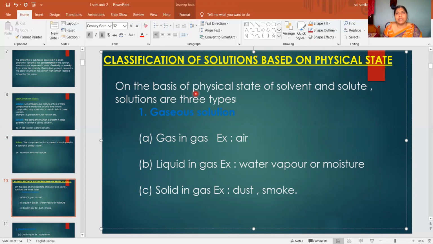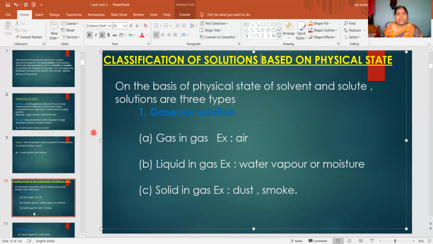So we will see that classification. On the basis of physical state of solute and solvent, whether it is solvent or solute, solutions are of three types.